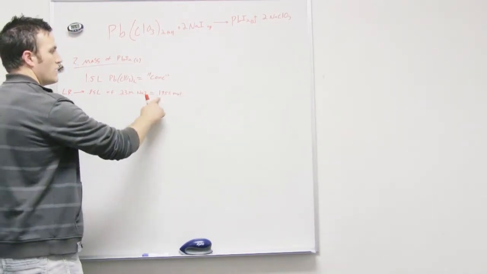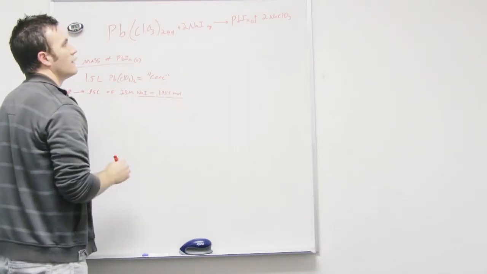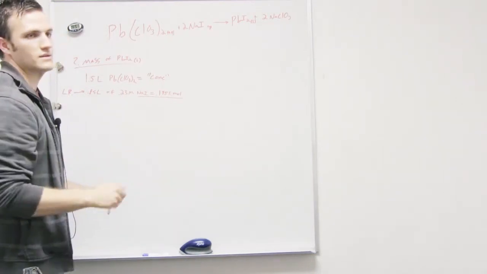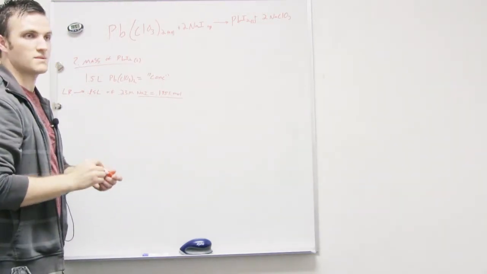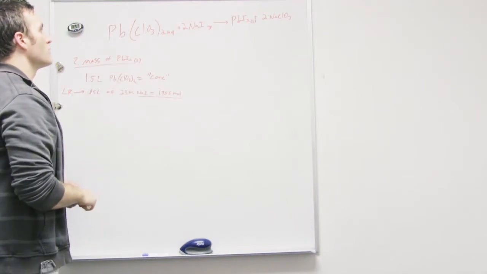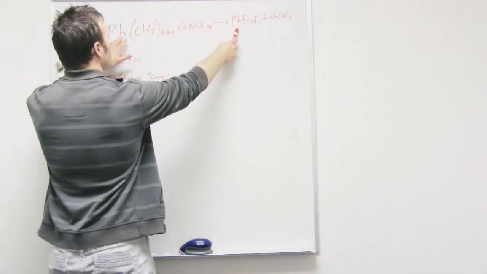So if we know that we have this many moles of our limiting reagent, we can look up here, because first of all, is this balanced? That's always something to ask yourself. Sometimes they'll give it to you balanced, and other times they may expect you to balance it. Lead looks balanced.